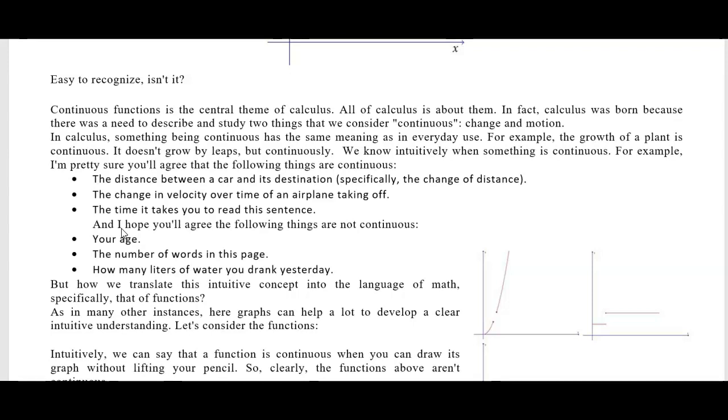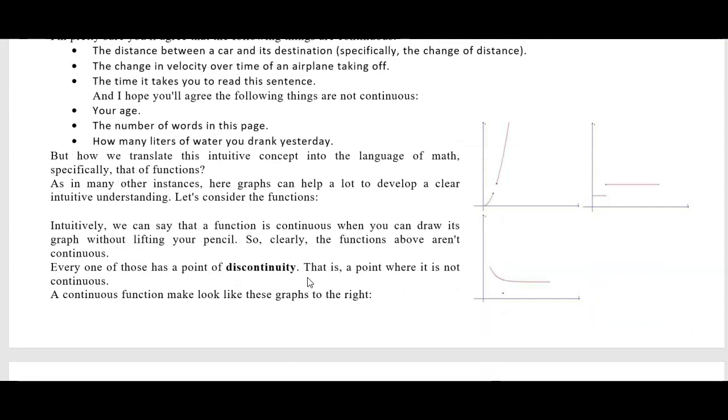An integer function, because it would jump from here to there to there. The number of words on this page versus the number of words on the next page, and the amount of water drank. So there are functions that are discontinuous. These are examples of functions that are not continuous.